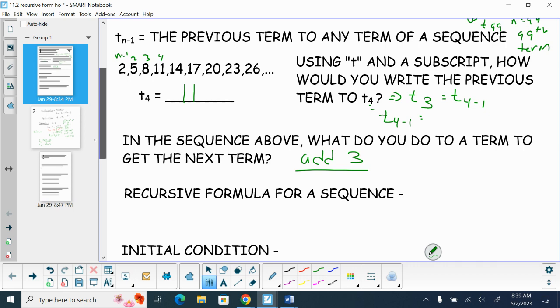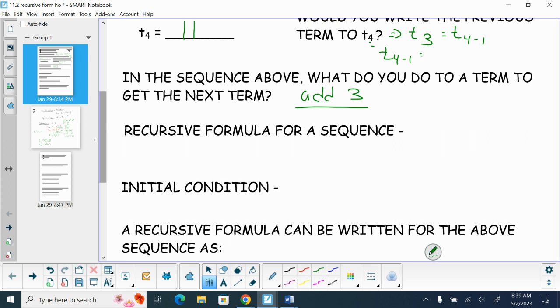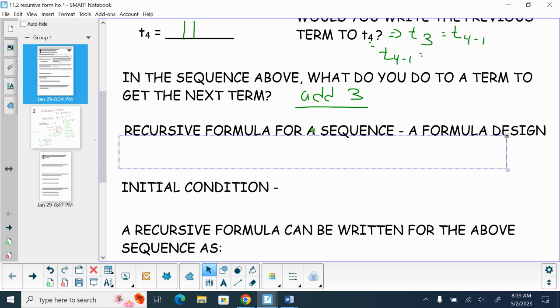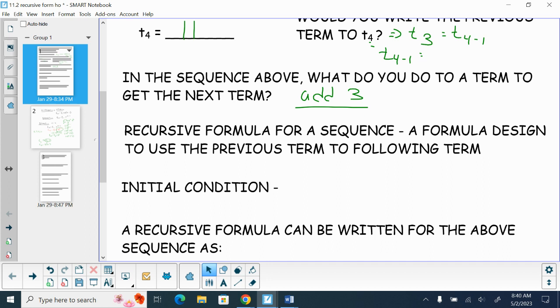So when we start looking at a recursive formula for a sequence, it is a formula that's designed.